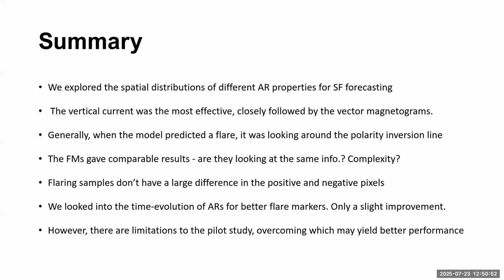And also we looked at the time evolution of active regions to see if they'd be any better at predicting solar flares. We found that they're only slightly better, but if we do overcome some of the limitations of the pilot study, then maybe we can get better results there. Thank you.